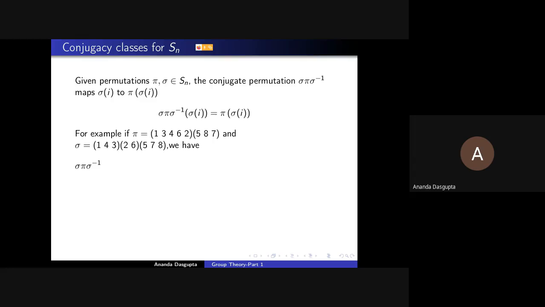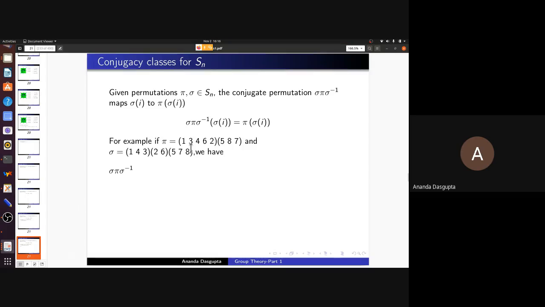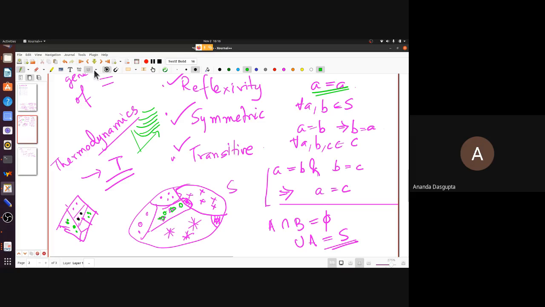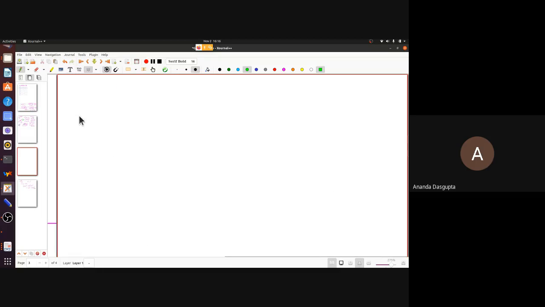Sorry, I must have messed up my typing a bit. So let me just switch to my pad and ask the same question here. Let's just write down some sigma, some pi.